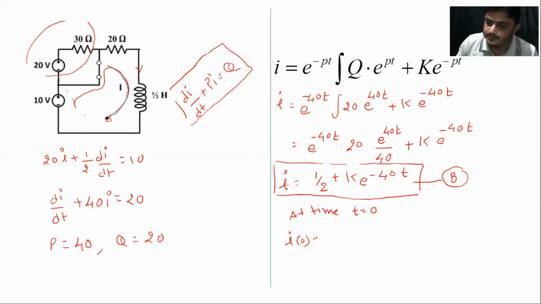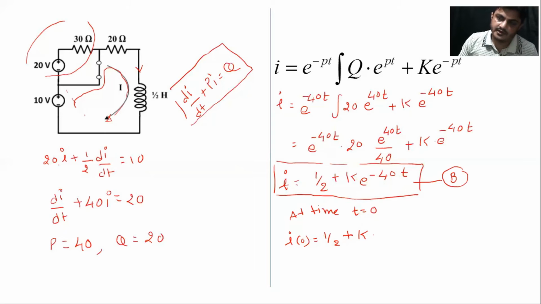That is equal to 1/2 + K e^0. e^0 is 1, so that is K into 1. It means that I(0) = 1/2 + K.